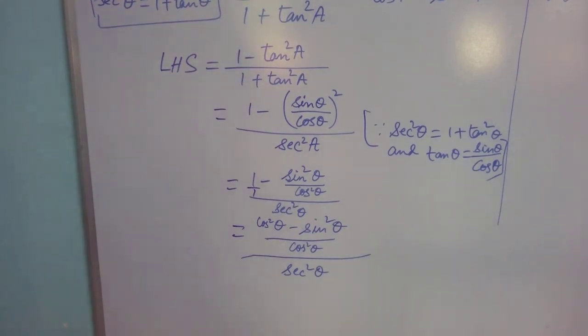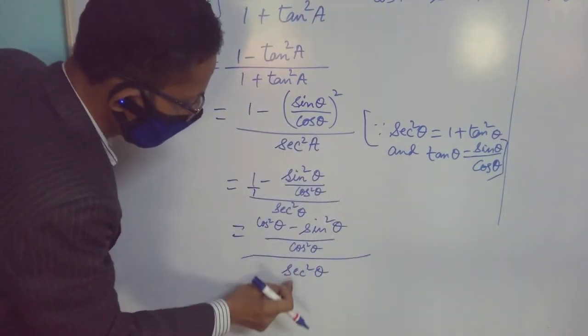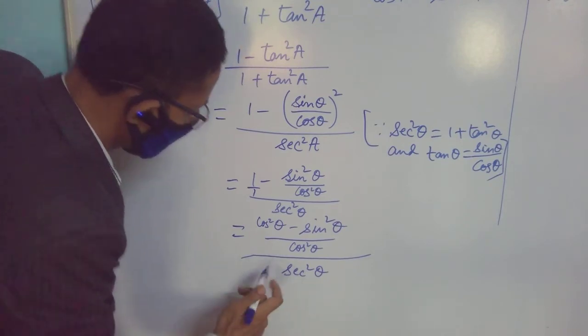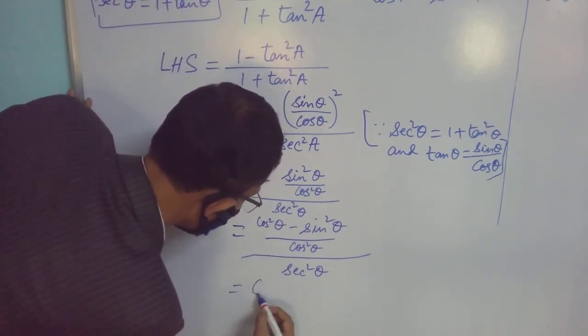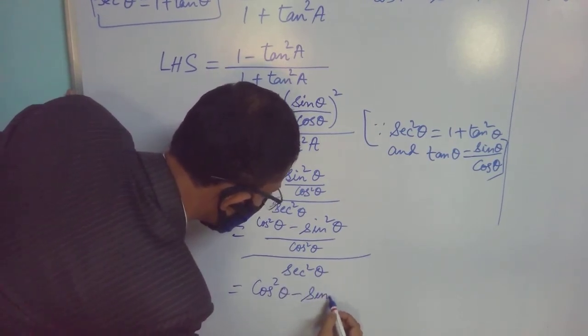Now, whenever this type of scenario happens, the denominator comes here, and it will become cos square theta minus sin square theta.